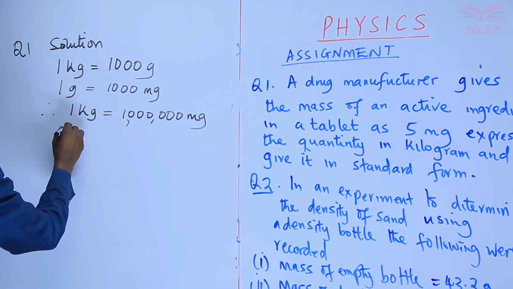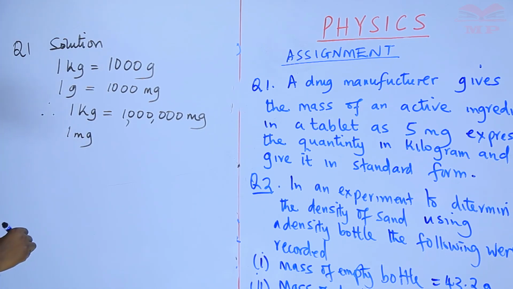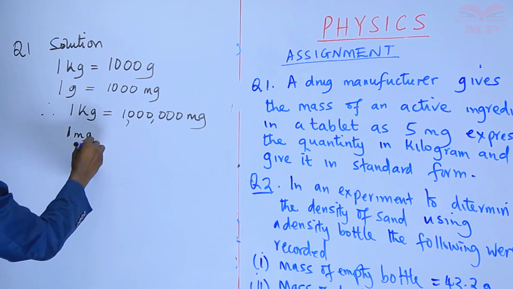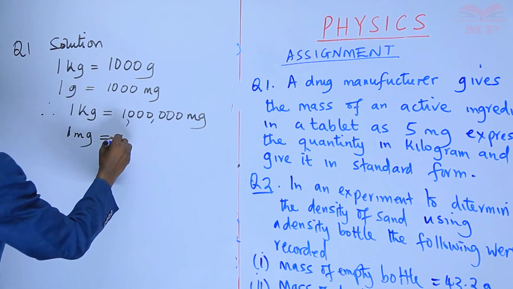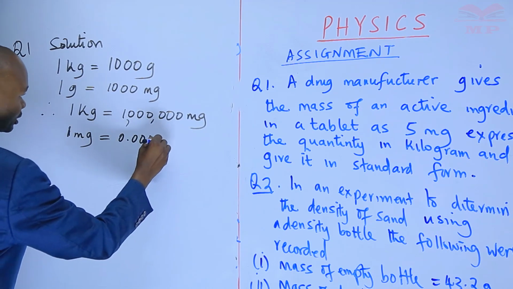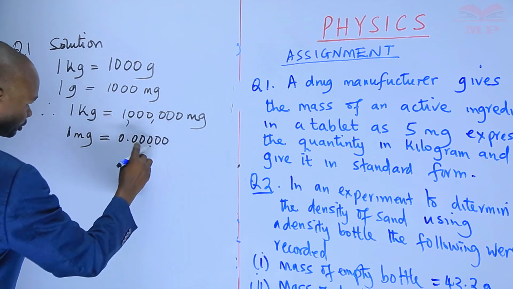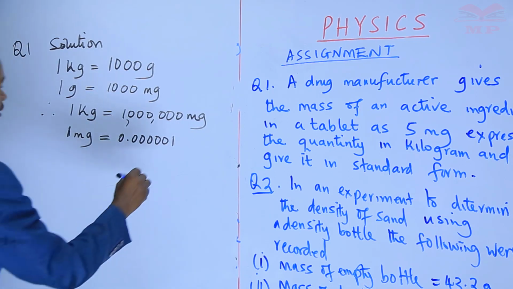1 milligram is equal to, you divide, you'll get 0.000001 kilograms.